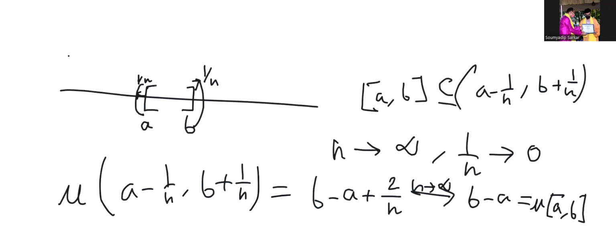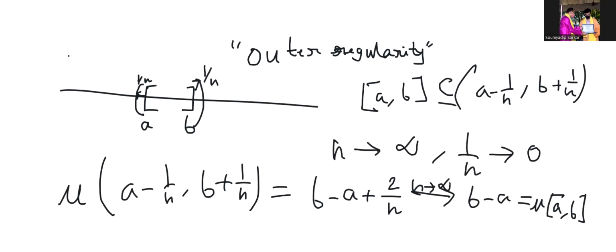So this notion is called outer regularity. You can already see that in this notion of outer regularity, topology and measure, these two concepts, are interacting with each other. Because you are approximating the measure of the closed interval AB by the measure of the open sets that contain that particular subset.